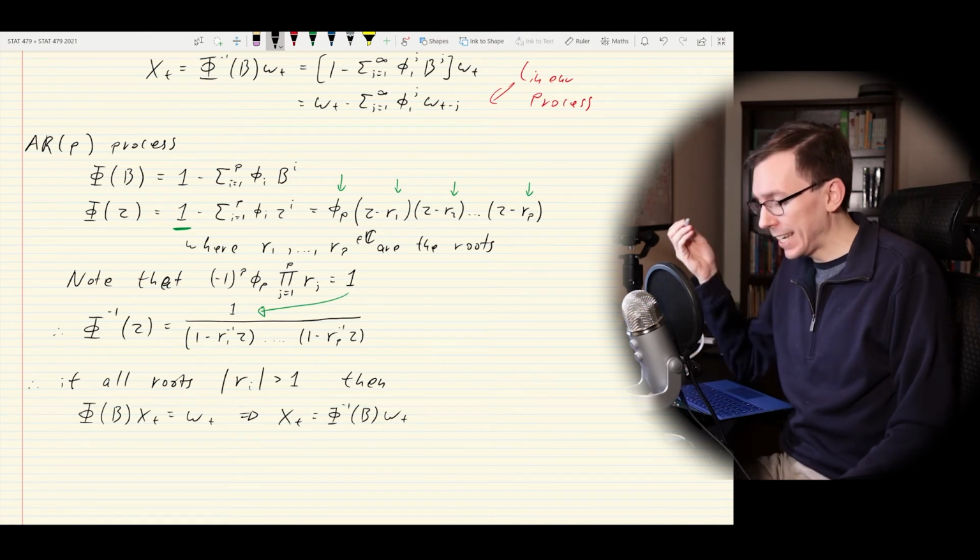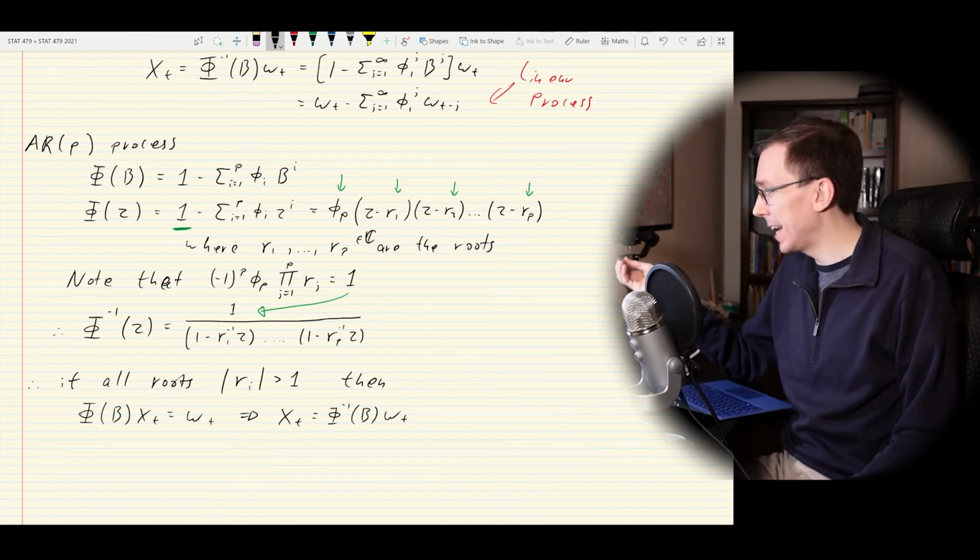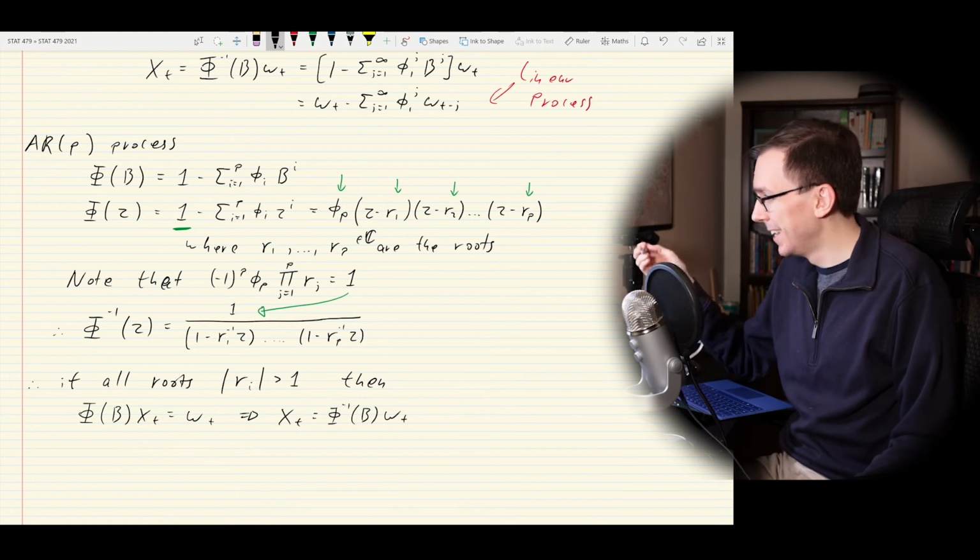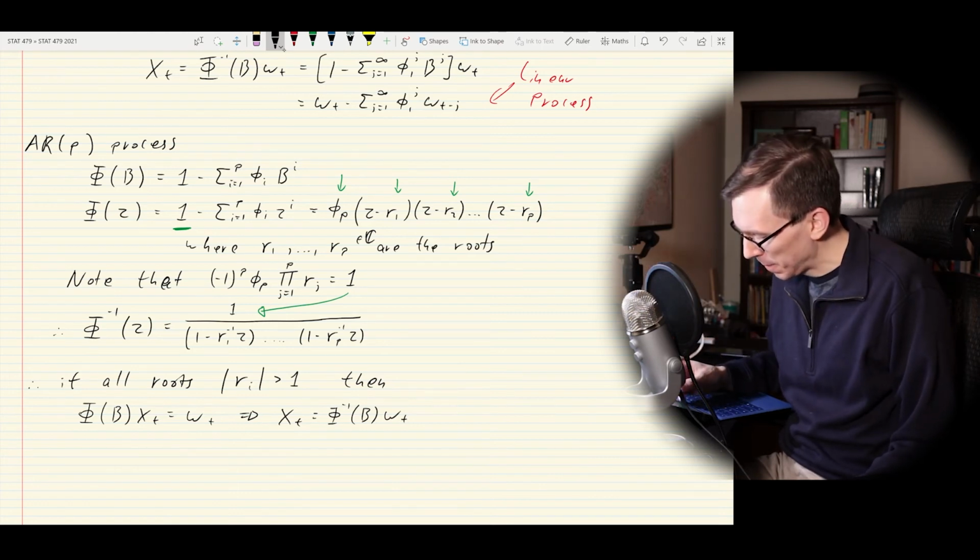And we can actually get an expression for what phi inverse is and what it's going to look like.